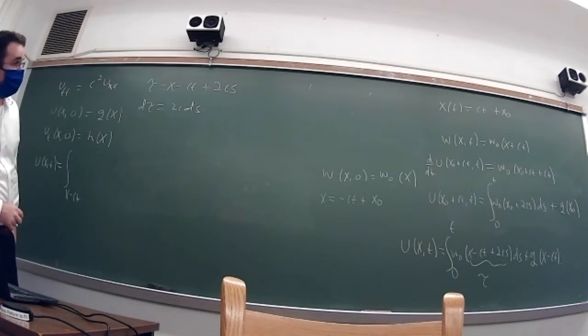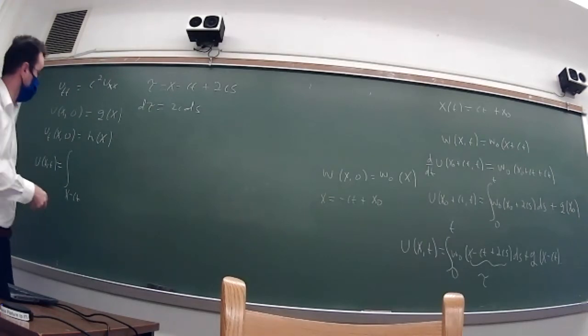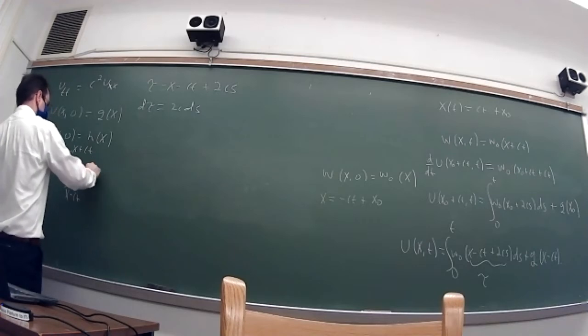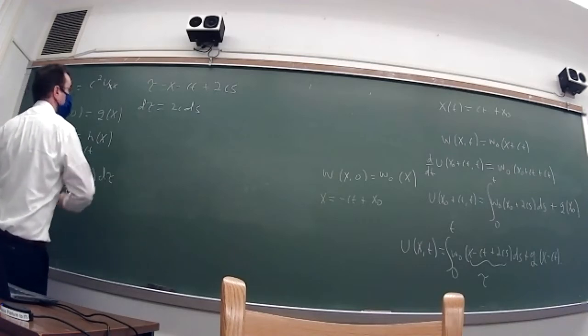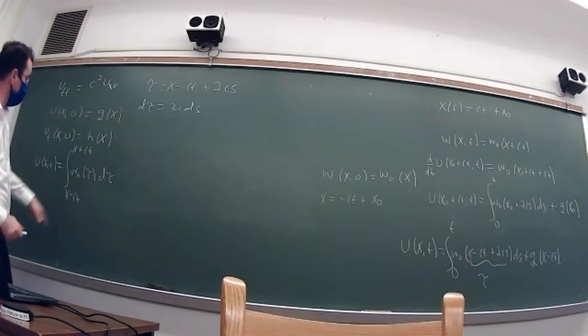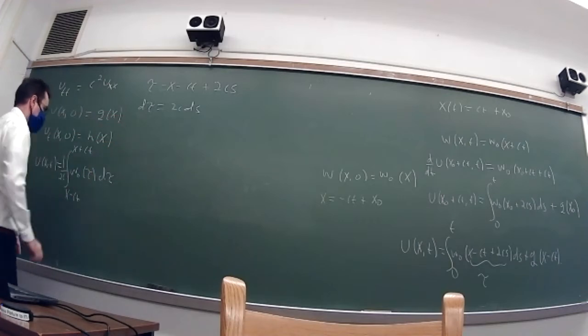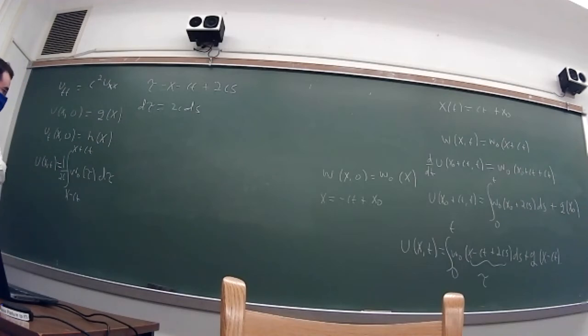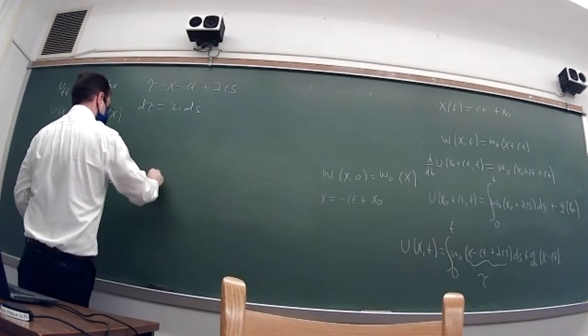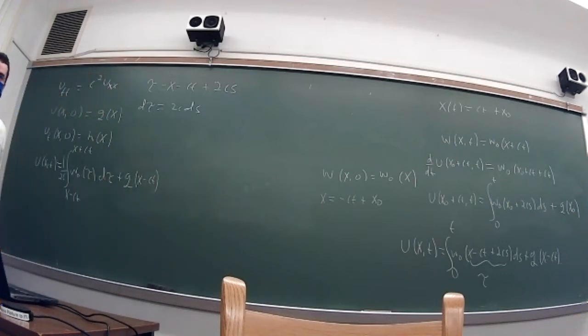When s is equal to t, tau is x plus ct. Right, and ds was 1 over 2c d tau. Every time I do this, I'm amazed it works out. And so we're almost there.